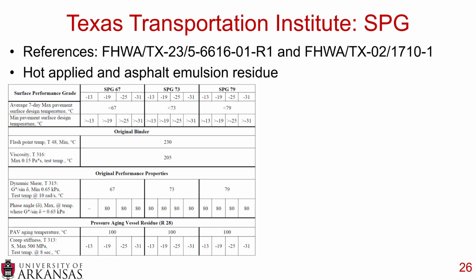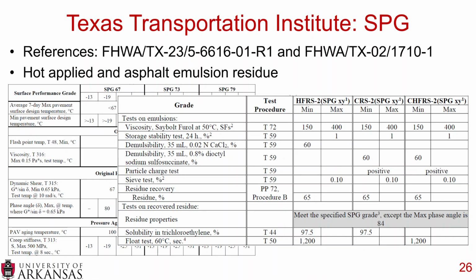And the high float residue follows all of this, except for the residue properties. You can see here that for the two high float emulsions that they look at, the HFRS-2 and the CHFRS-2, they meet the specified SPG grade, except the max phase angle is 84.